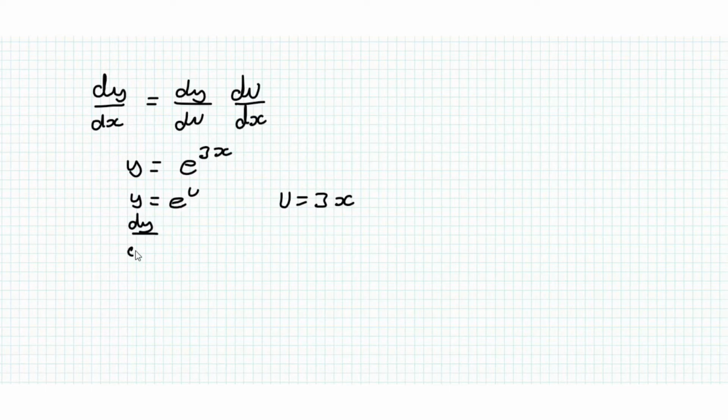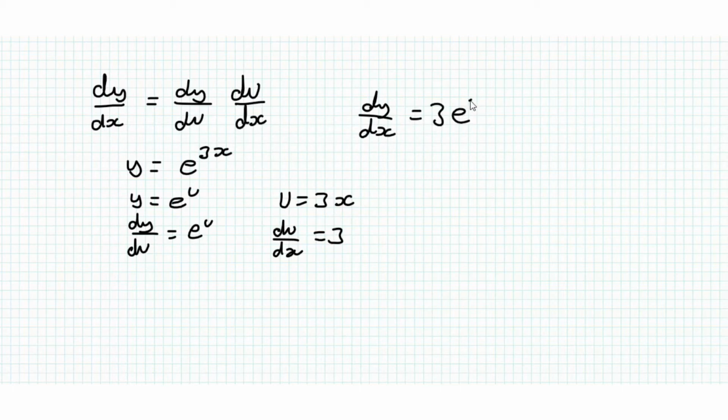And then dy by du is equal to e to the u. du by dx is equal to 3. Now we look at this rule, dy by dx, which is what we want, is equal to dy by du multiplied by du by dx. So dy by dx is equal to 3 e to the 3x. And you can use this for more difficult examples, but that was just to demonstrate the point.